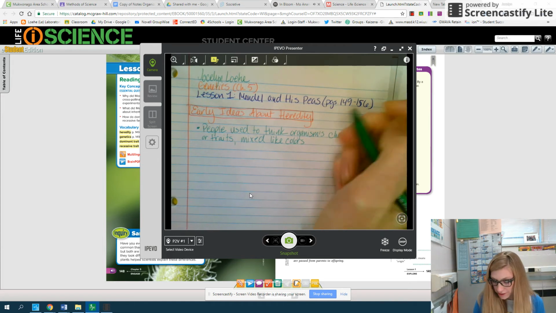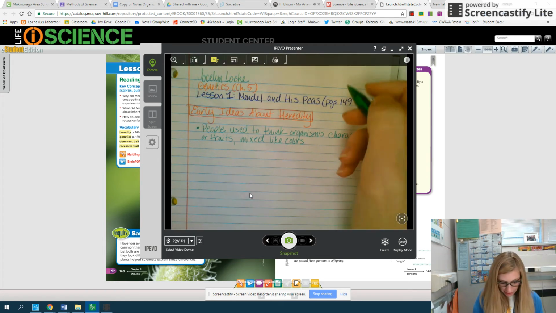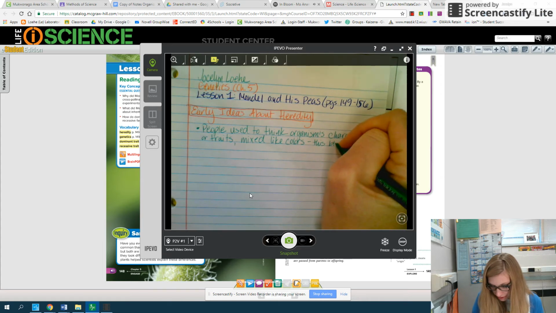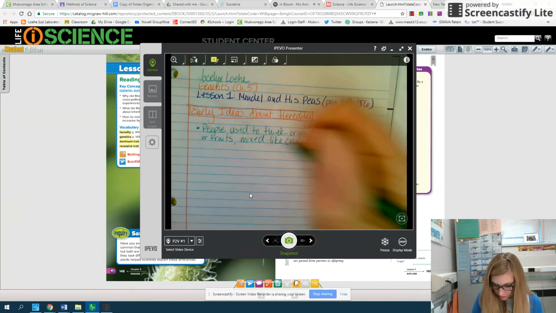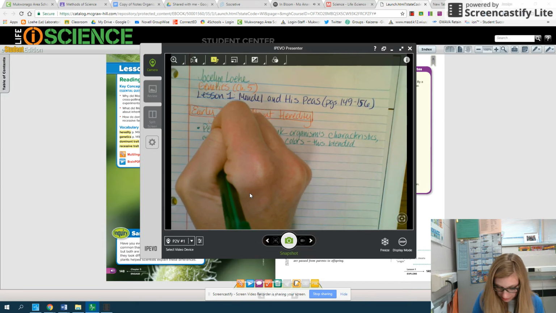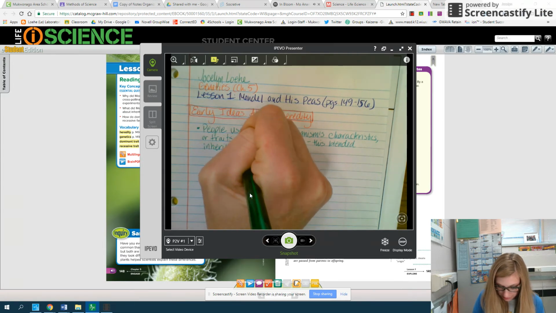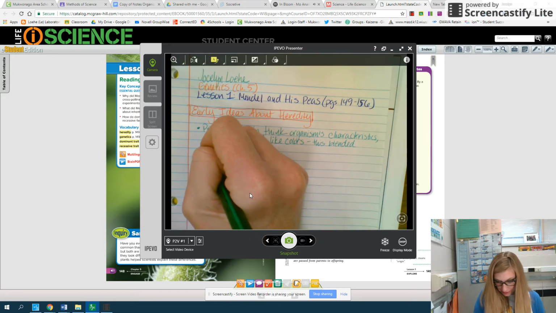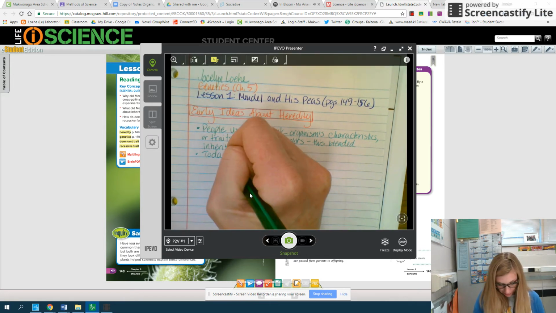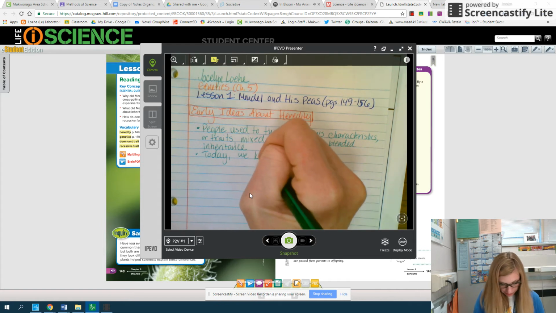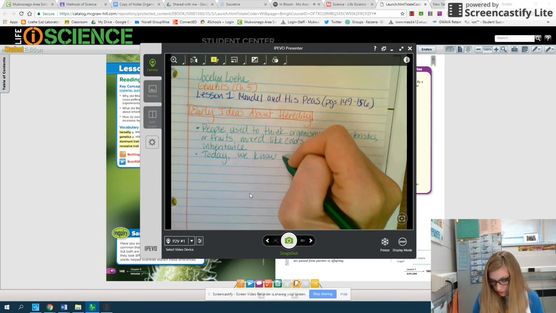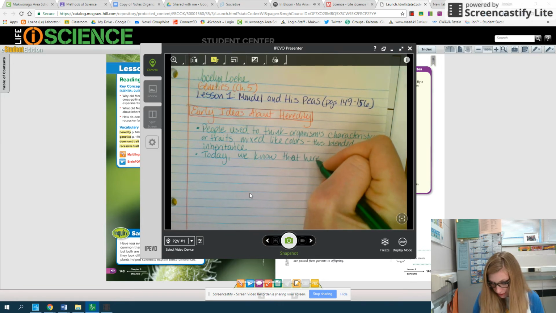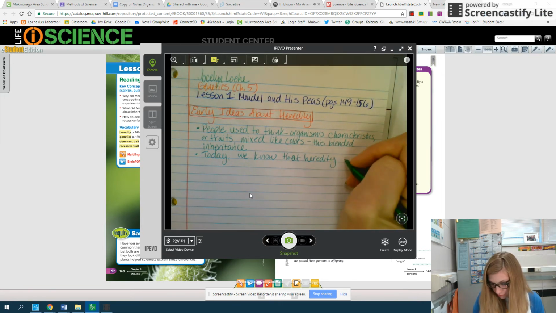I should probably paraphrase this a little bit better. This is blended inheritance. Today, we know that heredity is more complex.